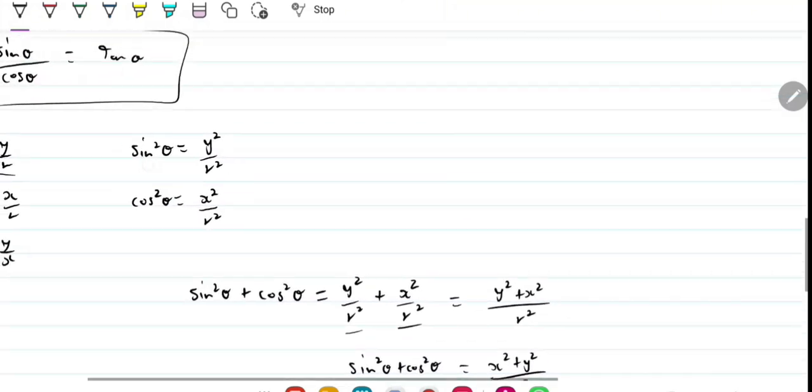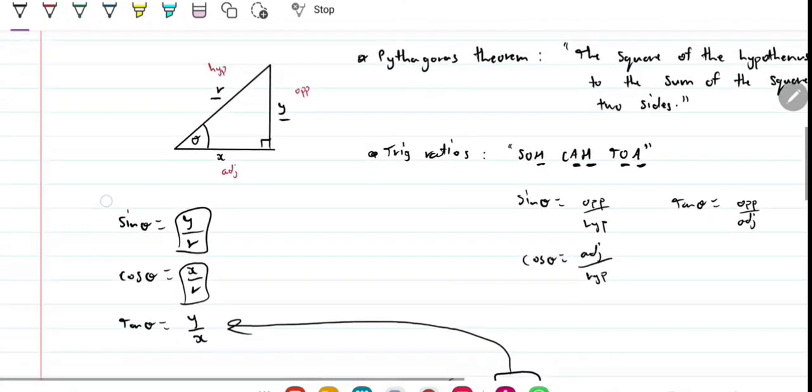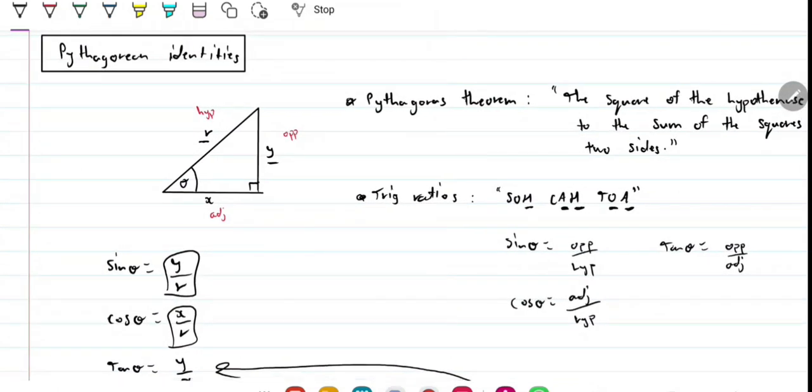Now, let's go back to this triangle, and you'll understand why these are called the Pythagorean identities. According to Pythagoras, the square of the hypotenuse, r squared, will be equal to x squared plus y squared, right?